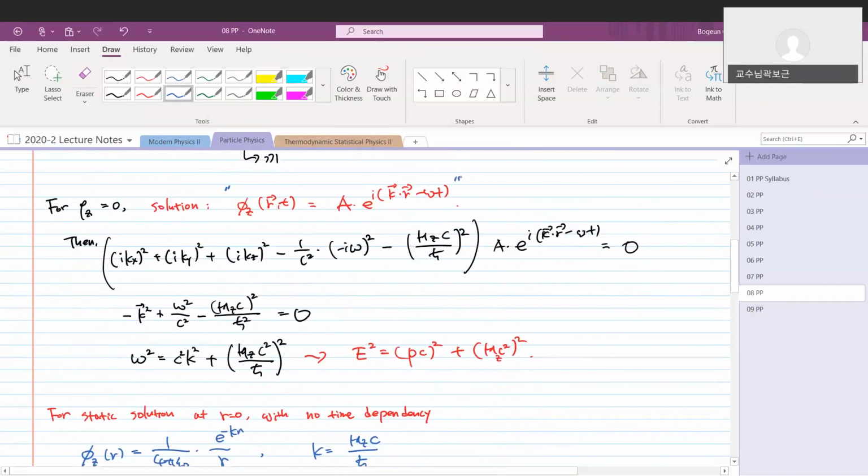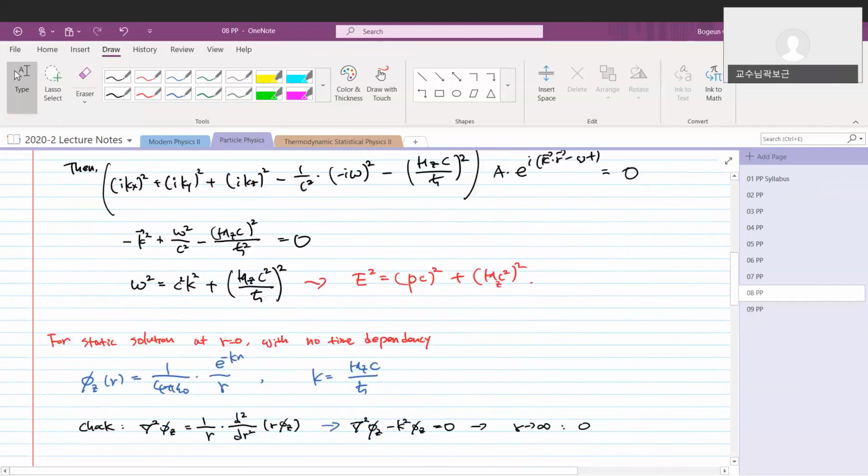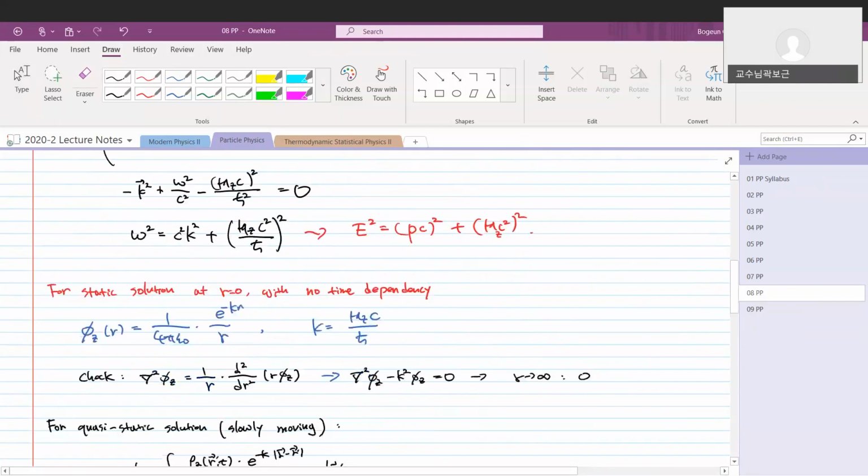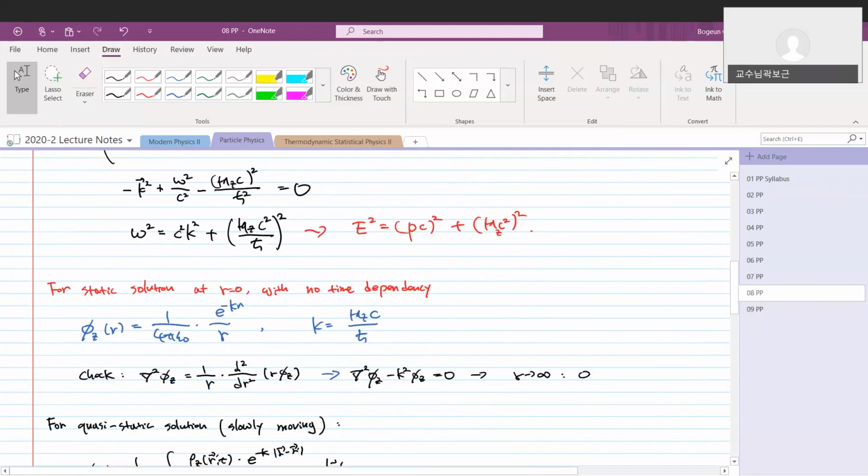From this equation, you can find the dispersion relation in terms of special relativity: E squared equals P squared plus M squared. So there is still a mass term in the dispersion relation. We now know that the weak interaction is mediated by a massive boson.